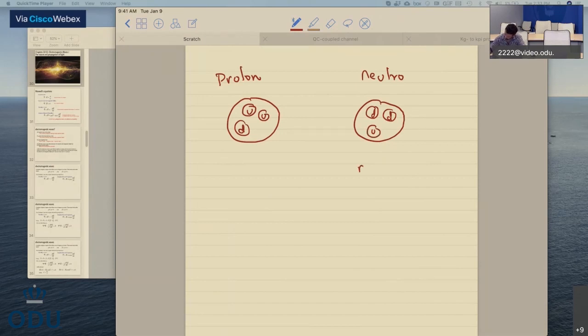Then the neutron mass is equal to 939 MeV. So in some units of energy, it's equal to that. And then the proton, what is the proton? The mass of the proton is equal to 938 MeV.